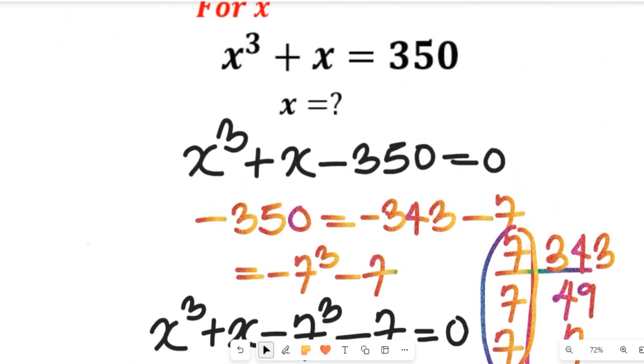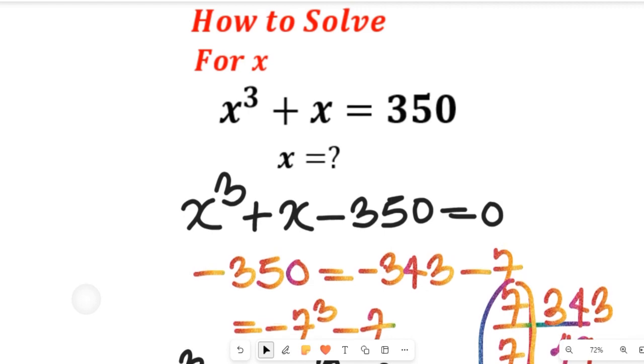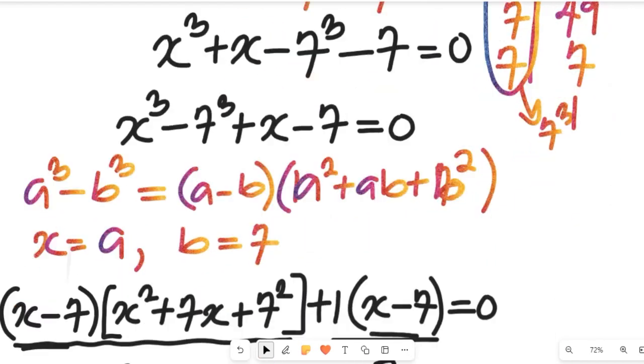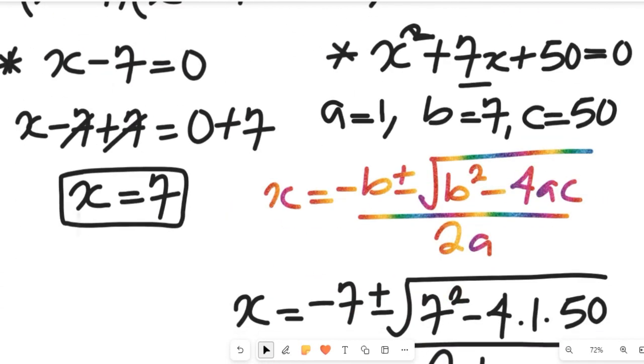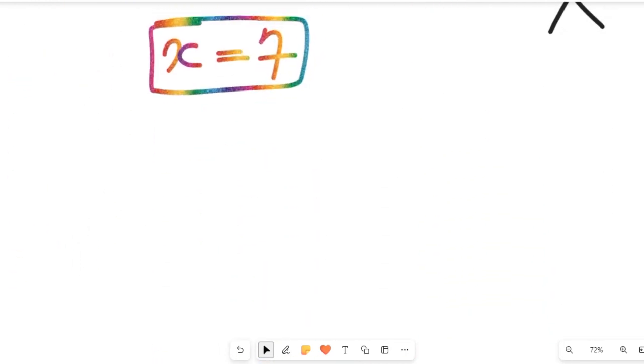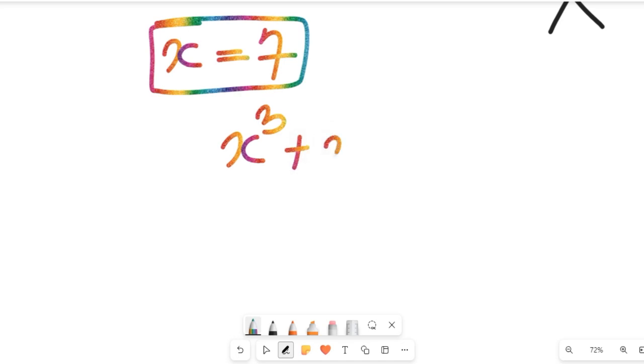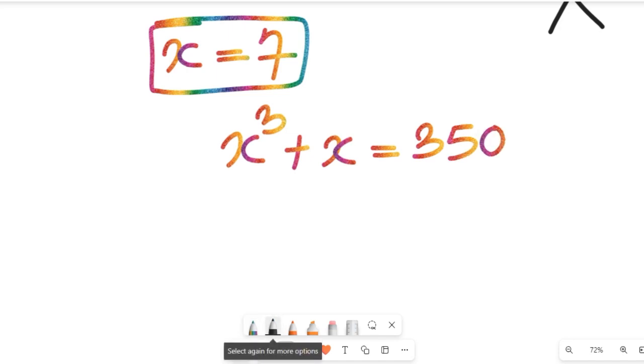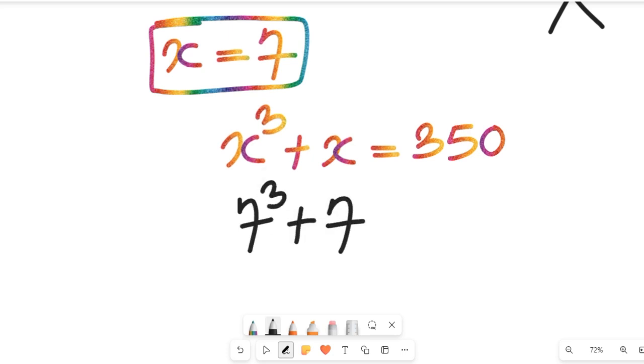Now let's test to see if this solution is actually correct. To test, we are going to insert the value of x equal to 7 into our original expression, x to the power of 3 plus x equal to 350. If we insert the value of x, are we going to get 350? 7 to the power of 3 plus 7.